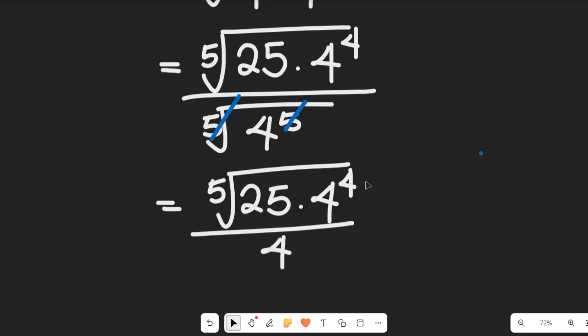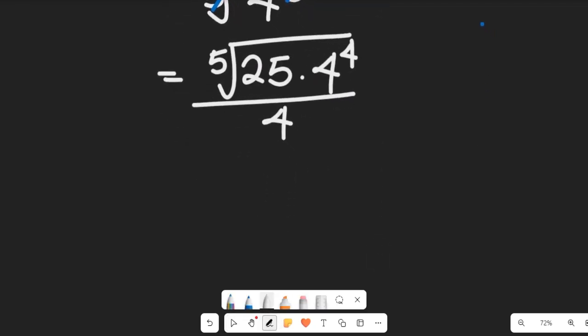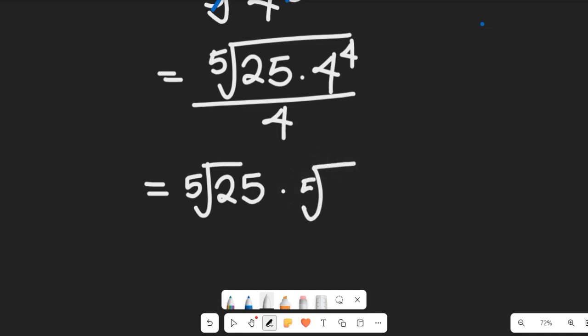So at this point, I can simplify this expression by breaking it up to give me the fifth root of 25 multiplied by the fifth root of 4 to the power of 4, and all of these will be divided by 4.